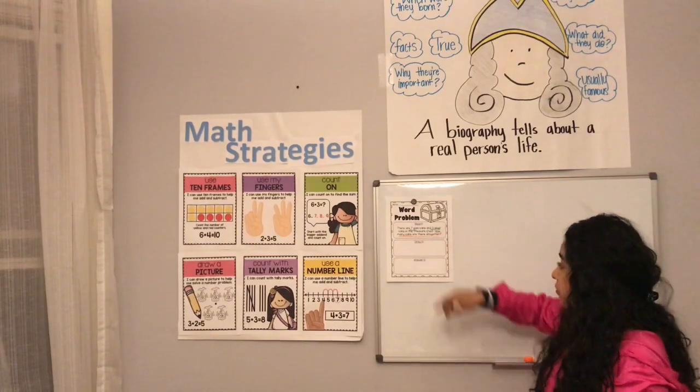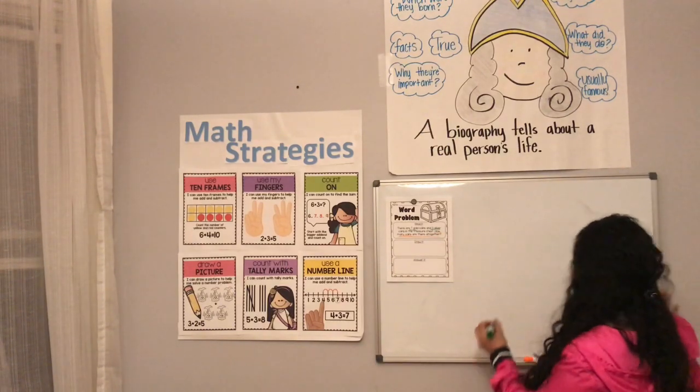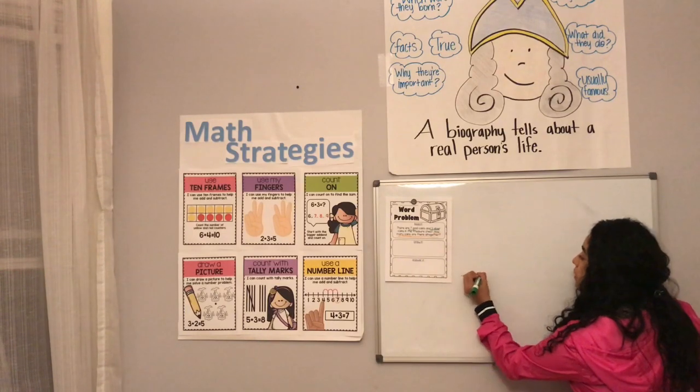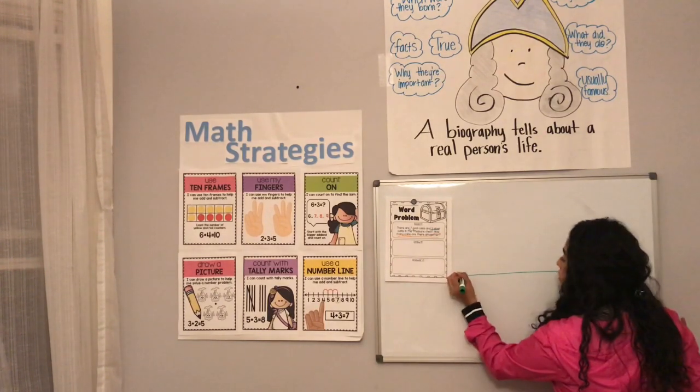I see 7 and 3, so I need to make sure that I can start at 7. So I'm going to write a number line. Number lines are kind of long.